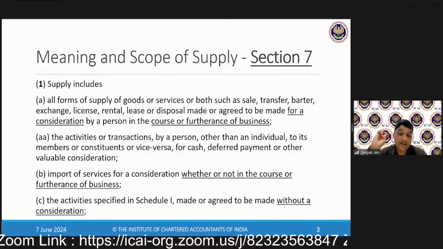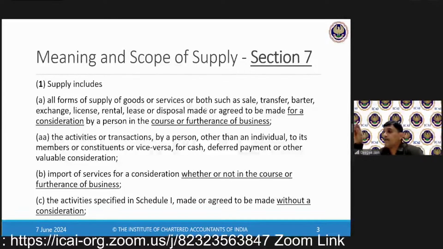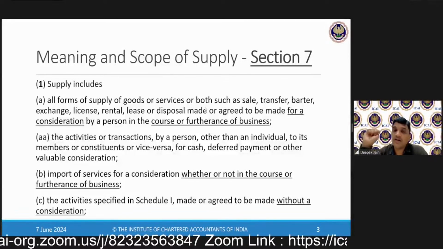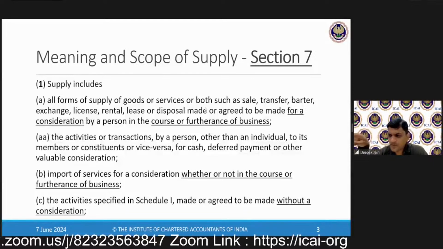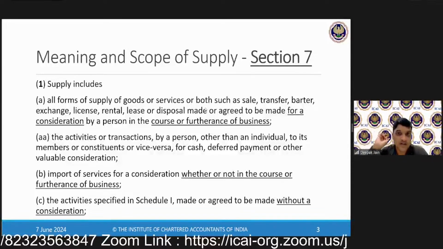consideration. It means what? If I make any sale of my regular trading goods, I am a trader of, say, laptops, and I have some mouse also in my stock.